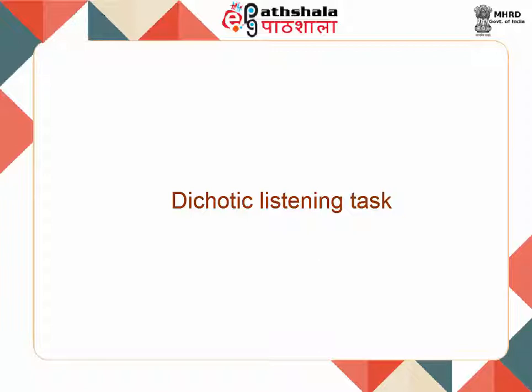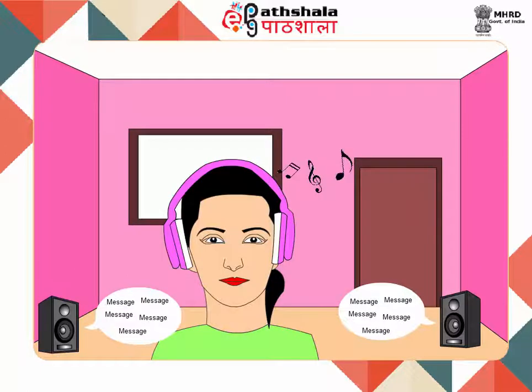In this task, Soumya is listening to an audio tape with two different messages recorded so as to be heard simultaneously in opposite ears using a set of headphones. Soumya is listening to two different messages at the same time.